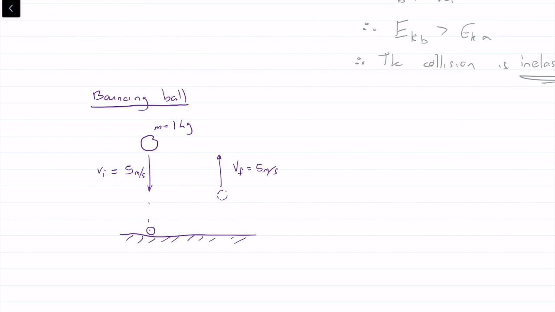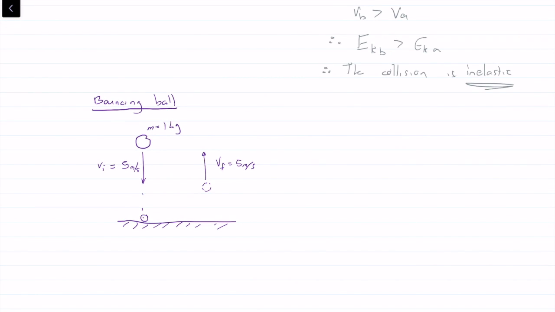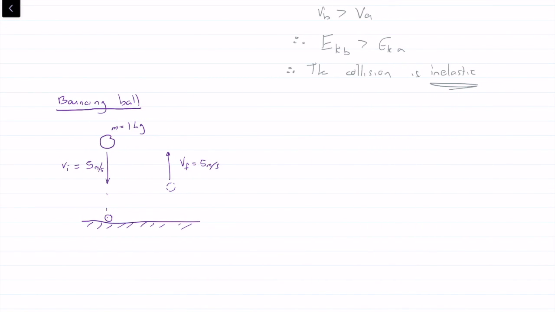So we want to determine whether the collision is elastic or inelastic. Okay, so once again, EK before, our initial condition, equals a half mass times velocity initial squared. EK after the collision, or the final, is equal to a half mass times velocity final squared.